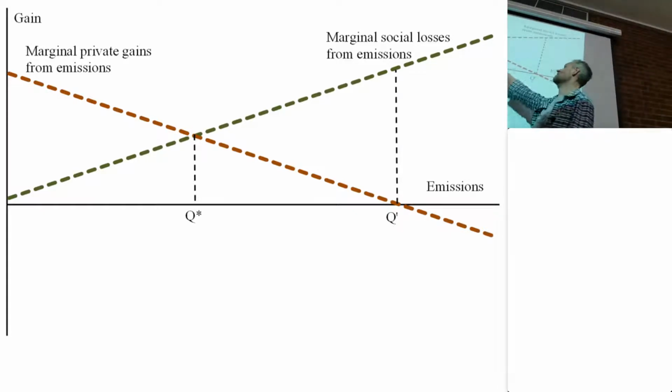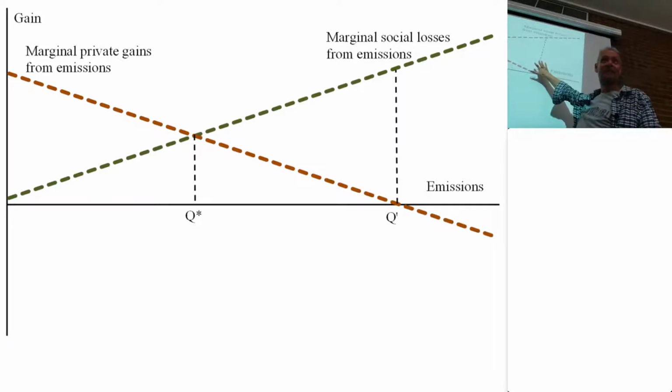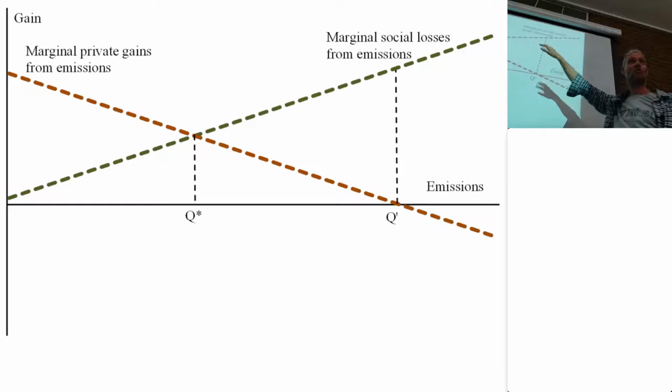So the first bits of emission reduction are cheap, the final bits of emission reduction are very expensive, and that is just the way the problem is constructed. Now, what does the marginal benefit curve look like? Well, here we have unmitigated climate change. The world may warm by 5 or 6 or 7 degrees, and that is pretty disastrous, right? We don't want to go there.